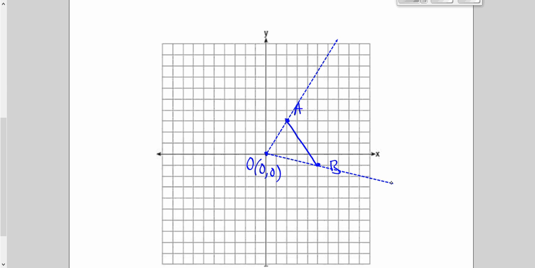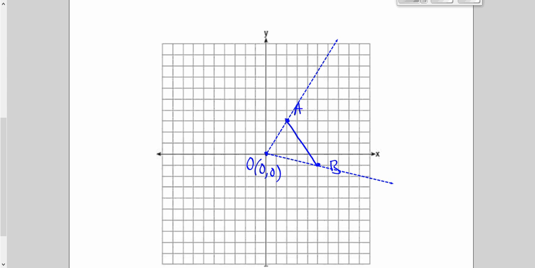A is going to move along this path here, okay? A is moving along this path and B is moving along that path. So we're not worried about the slope from A to B. Does anybody have the coordinates for A prime? 1 comma 3 halves, or 1 comma 1.5. Anybody else get that?